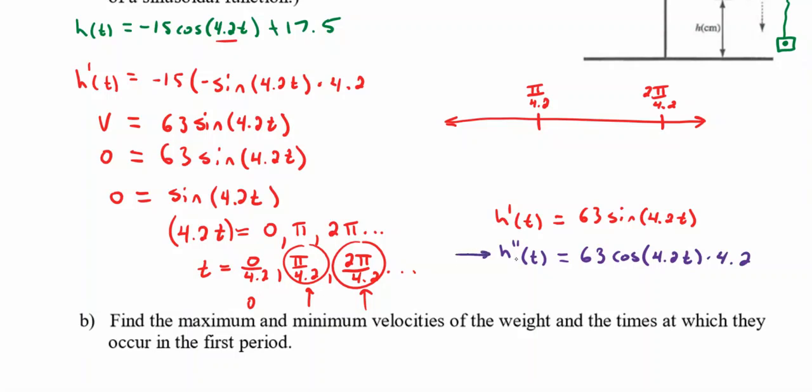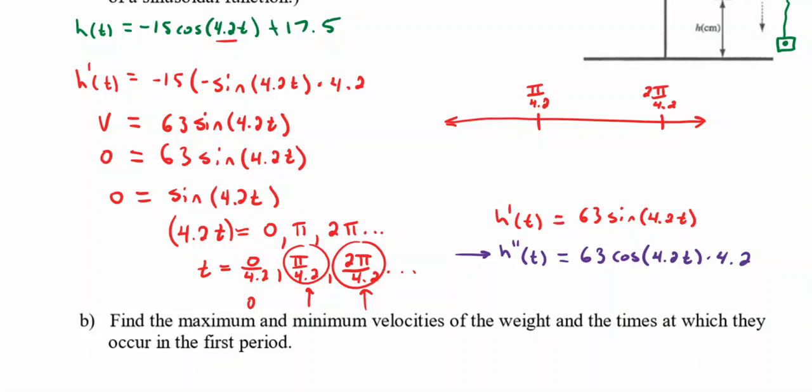The equation was height, the first derivative was velocity, and the second derivative would be my acceleration. So this is really going to tell me if my acceleration is downward or upward, which is also just going to tell me whether this thing is concave down or concave up.